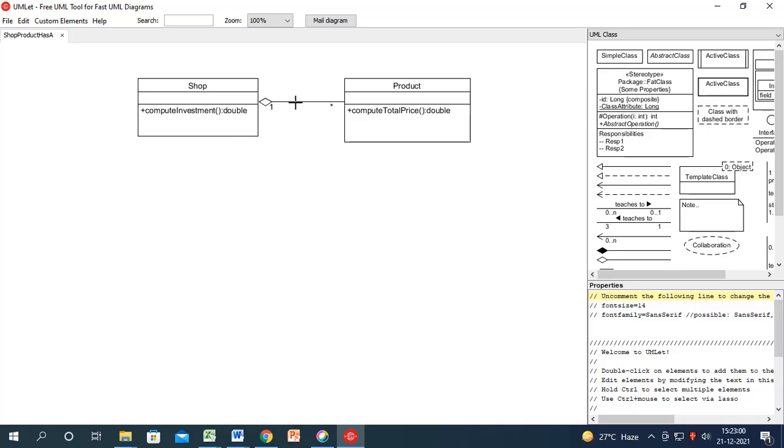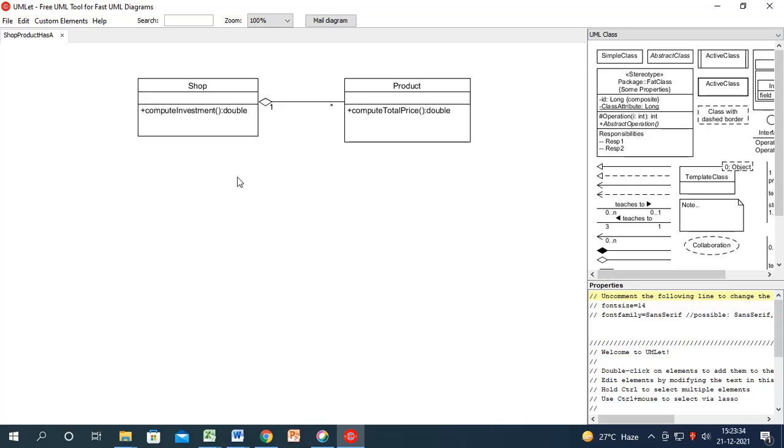You will find that there is one relationship which is shown over here. That relationship is known as has a relationship. That is, one shop has multiple products, many products, right? So on one end you have one, and on the other end you have star. Now this particular diamond represents that the class near to the diamond is a whole class. Whole class in the sense it is a container.